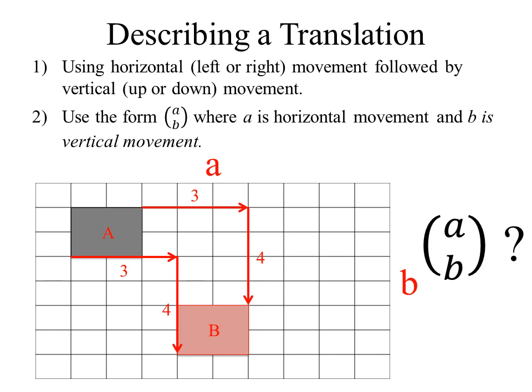A over B. Like I've given you before, we've got object A moving to image location B, 3 to the right and 4 down. Let's think about A. A is horizontal movement, and it's moving to the right, which makes it positive. What do you think that should be?